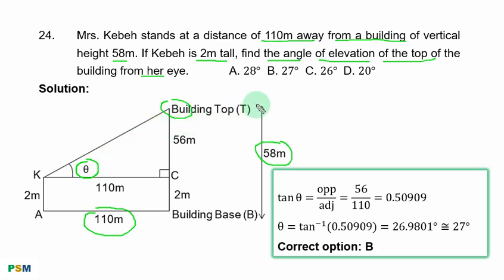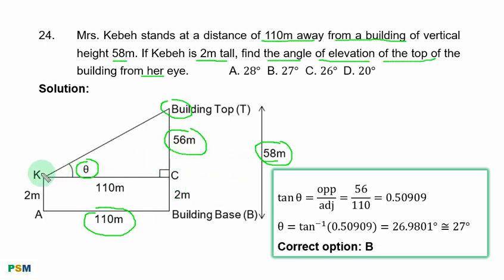The height of the building is 58 meters and BC is 2 meters. From the building top to C becomes 56 meters. AB is equal to KC.